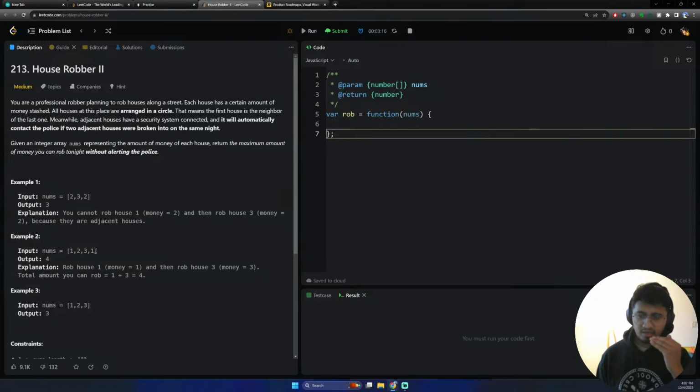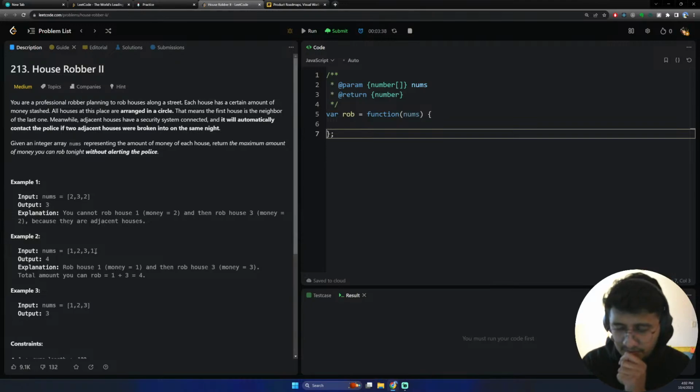We were storing them in rob 1 and rob 2. But the thing is, we cannot rob the last house, then how can that fit? So let's see if we can solve it with brute force.